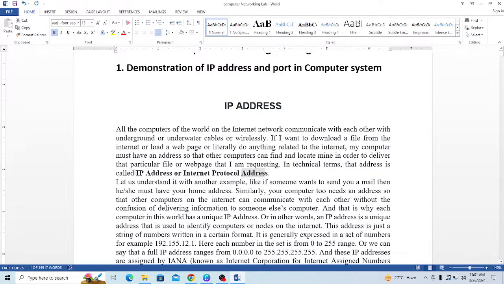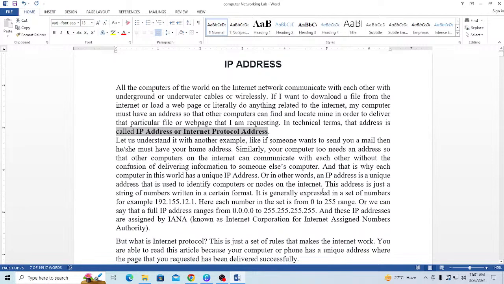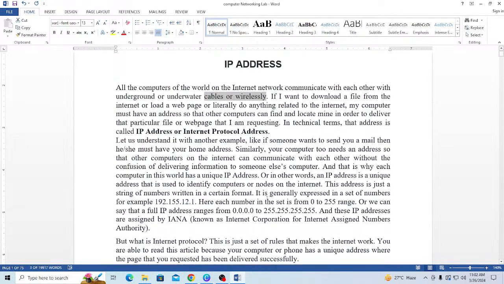Any computers in computer network communication deal with cables or wirelessly. That means we communicate with the other system by using cables or without cables. Cable means connection oriented, cableless, that is wireless, means connectionless protocols. So we have to explain how the IP address is working.